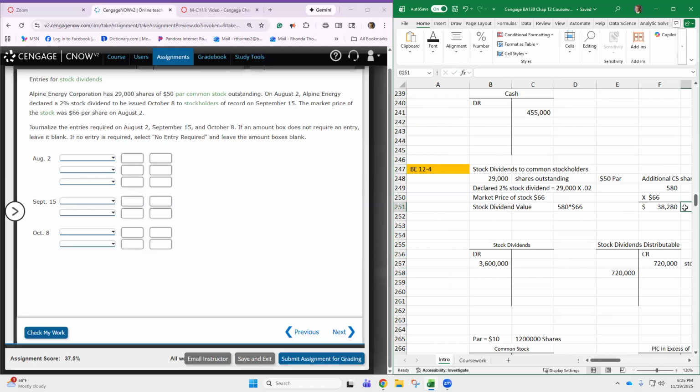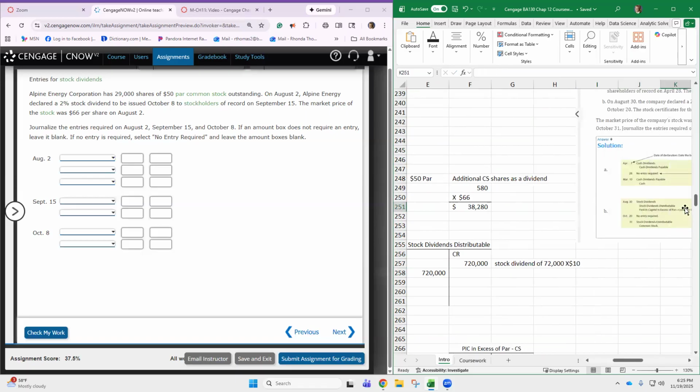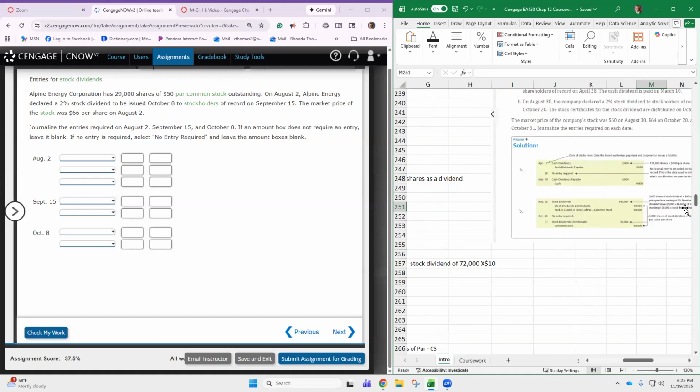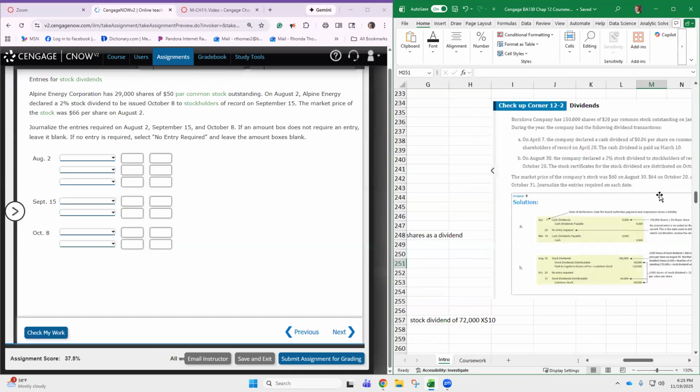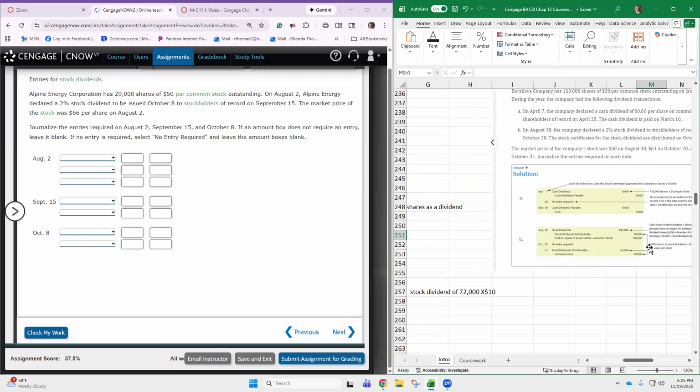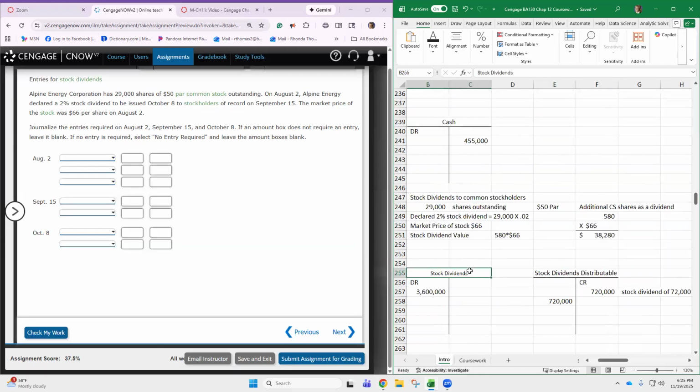Let me just look at my little sheet here one more time. So declared a cash dividend and a stock dividend. So the stock dividend, we're sending out 580 shares, let's be careful here, 580 shares at a market price of 66.